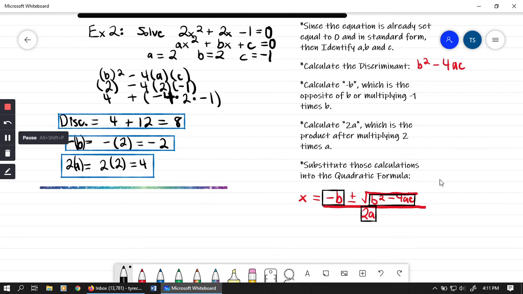So here, when we substitute in those calculations, the discriminant, the opposite of b, and 2a, into the quadratic formula, it winds up looking like this.